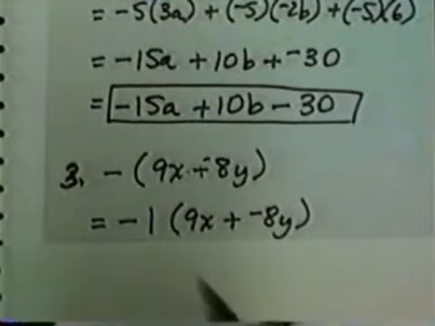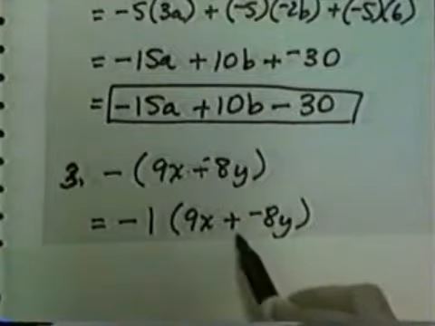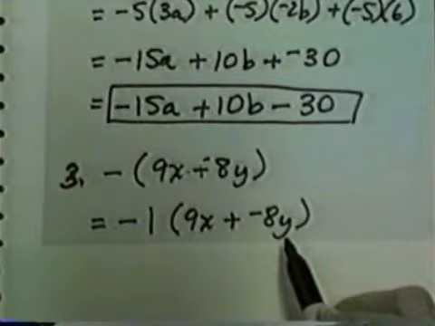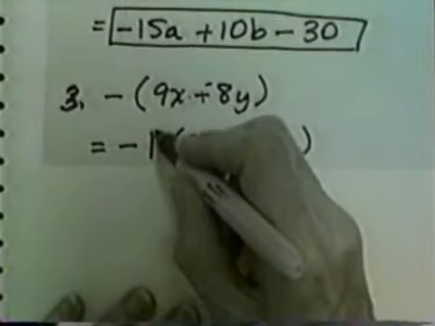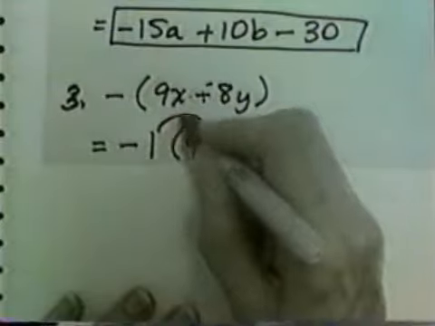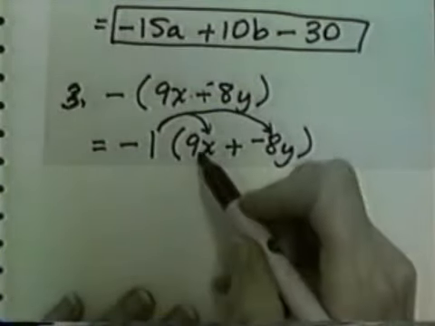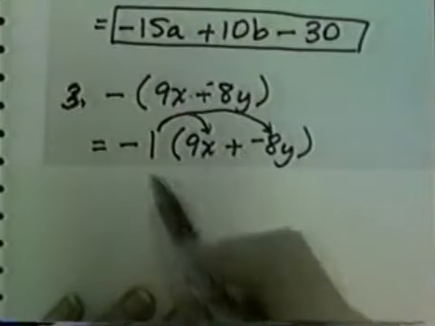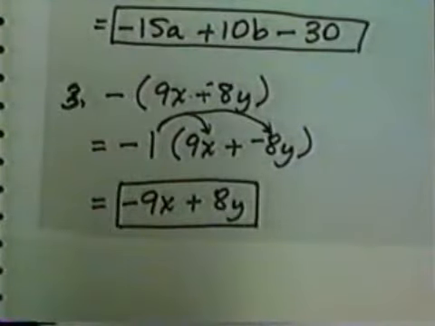And so this problem is negative 1 times (9x plus negative 8y). We can multiply negative 1 times 9x and negative 1 times negative 8y. Negative 1 times 9x is negative 9x. Negative 1 times negative 8y is positive 8y, and there's our result.